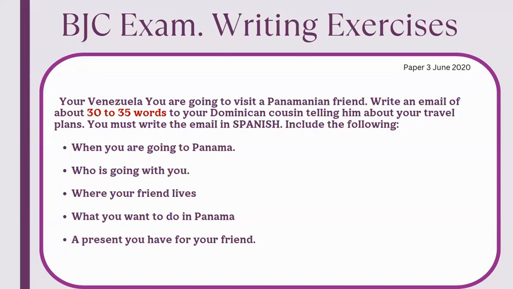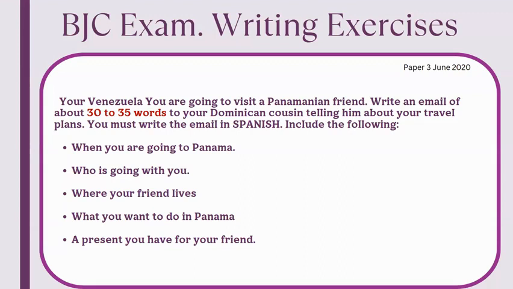What did I say? The 25th of June. I'm going to Panama. Junio. This is junio. June. All right. Or I could say voy a Panama el 30 de agosto. Or la 30. Voy a Panama la 30 de agosto.